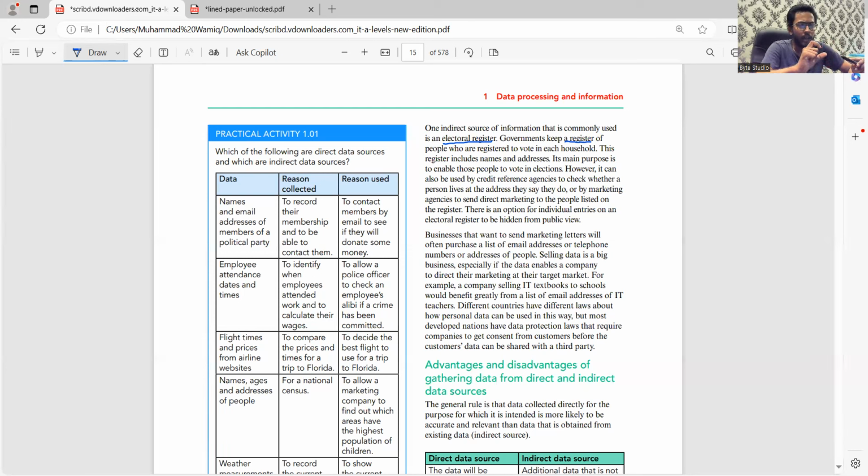So an electoral register is a register that contains the details, the names and addresses of the people that are allowed to vote in an election. It can also be used for credit references, like which person lives in which house, and furthermore, these can also be used in marketing as well.